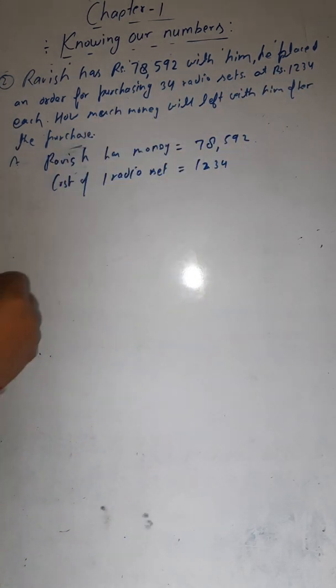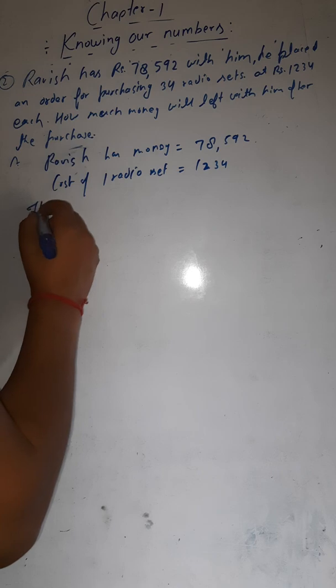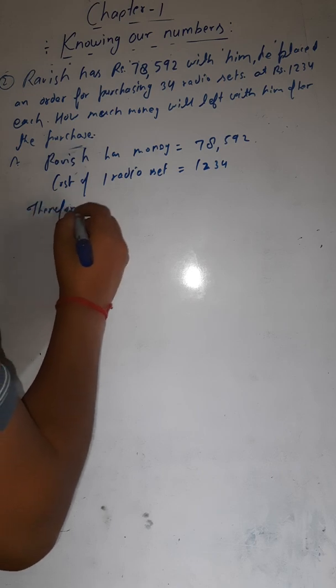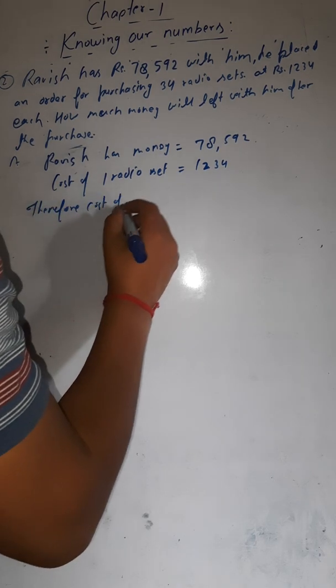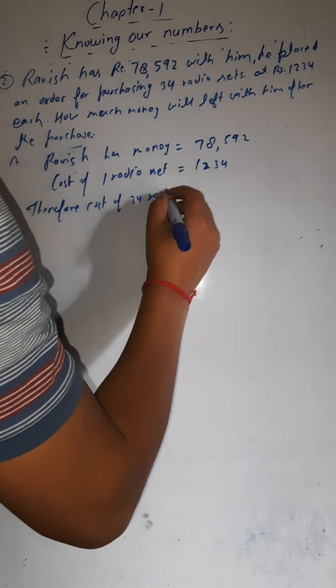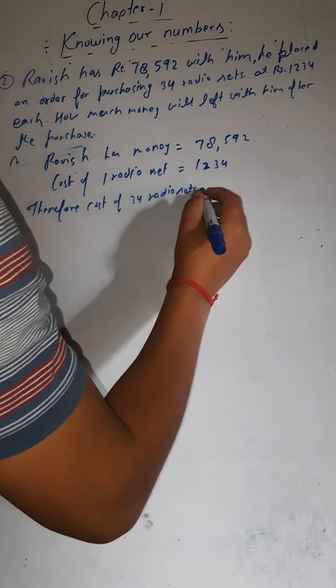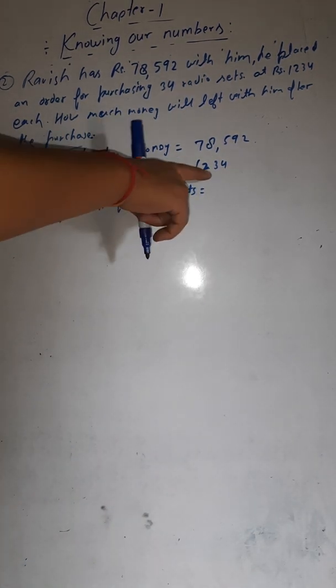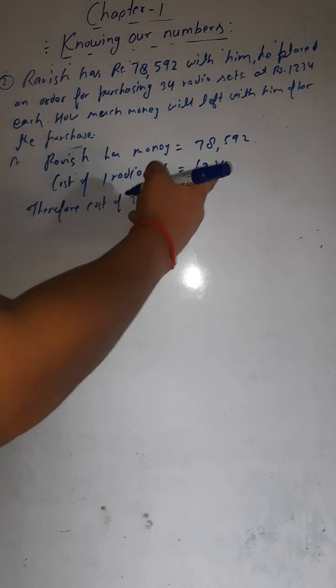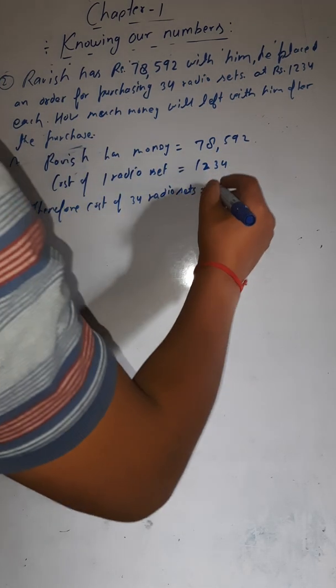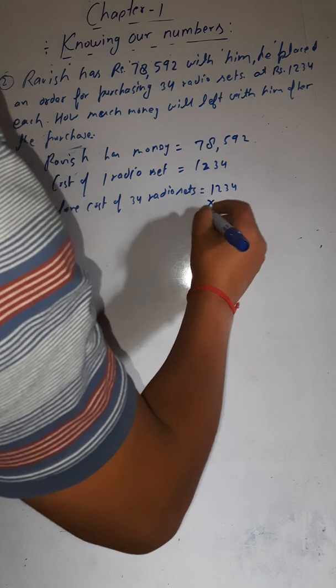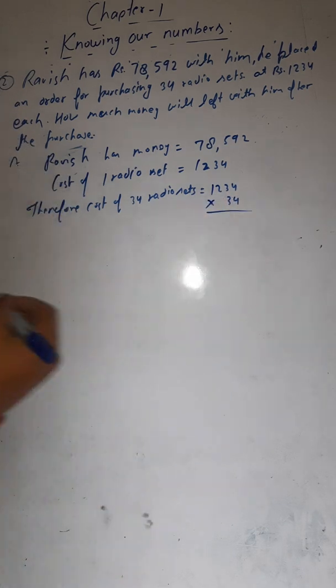This is the cost of one radio set. Therefore, here you write, therefore cost of 34 radio sets would be equals to how much? This and this you are going to multiply. 1234 multiplied by 34, so you would get your answer.